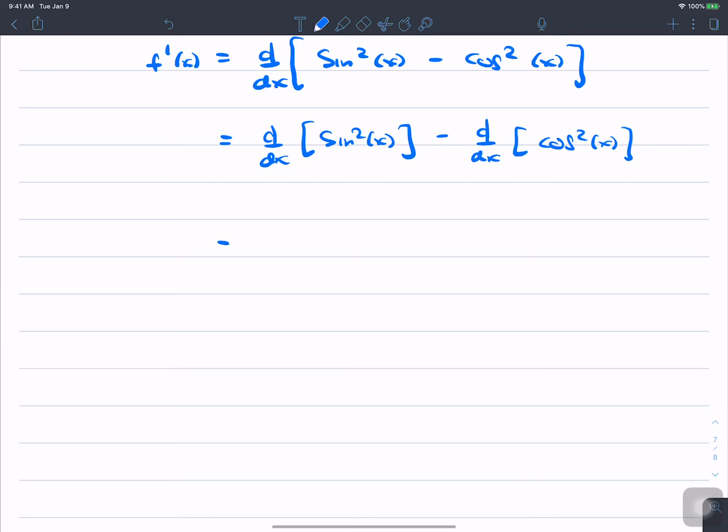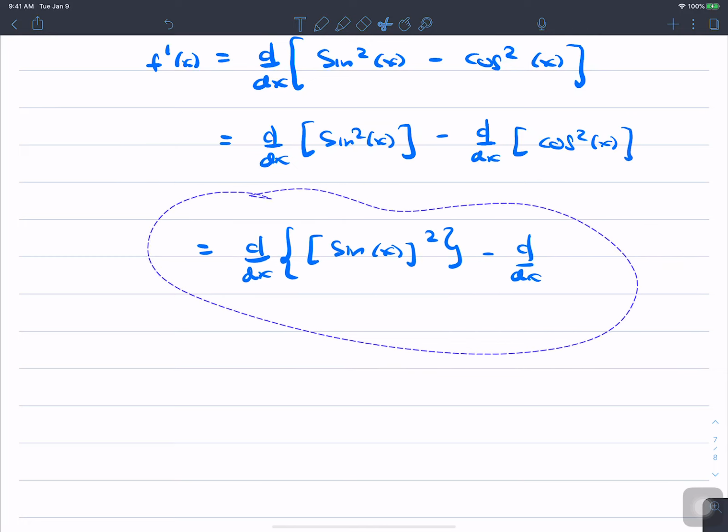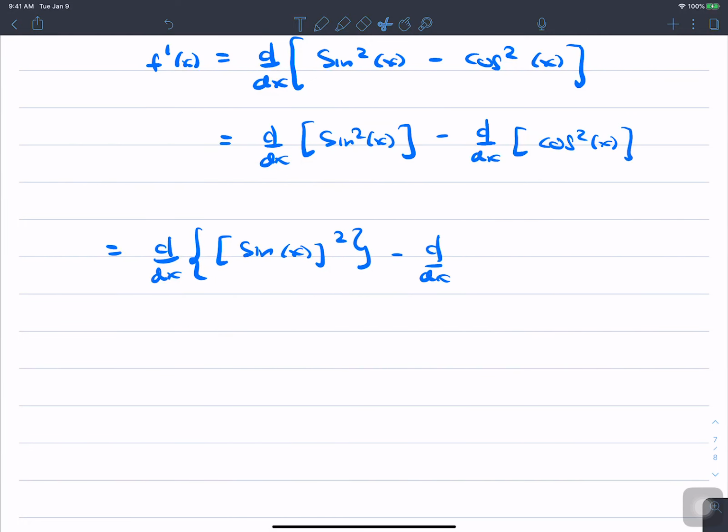Okay. Now I'm going to do this next step. I guess I'll use it this way. This is sine x to the second power minus cosine x to the second power.